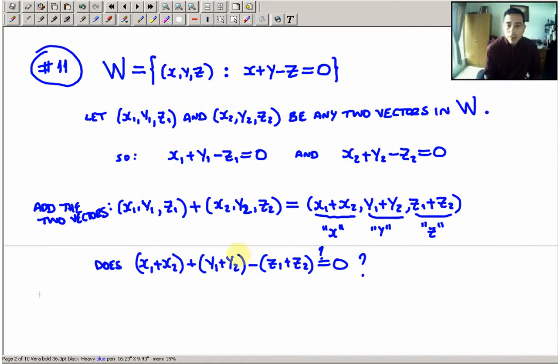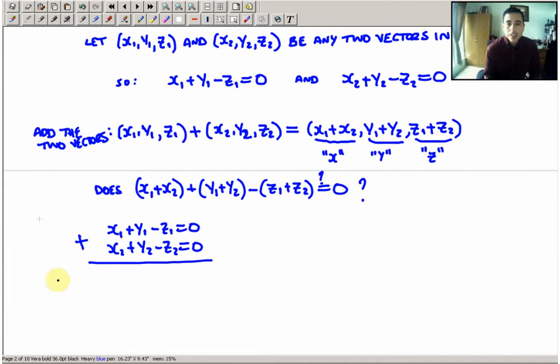The only way to know this is to work with these two conditions that we found, right? It's easy if you add these two equations. Add the two equations, x1 plus y1 minus z1 equals 0 and x2 plus y2 minus z2 equals 0.